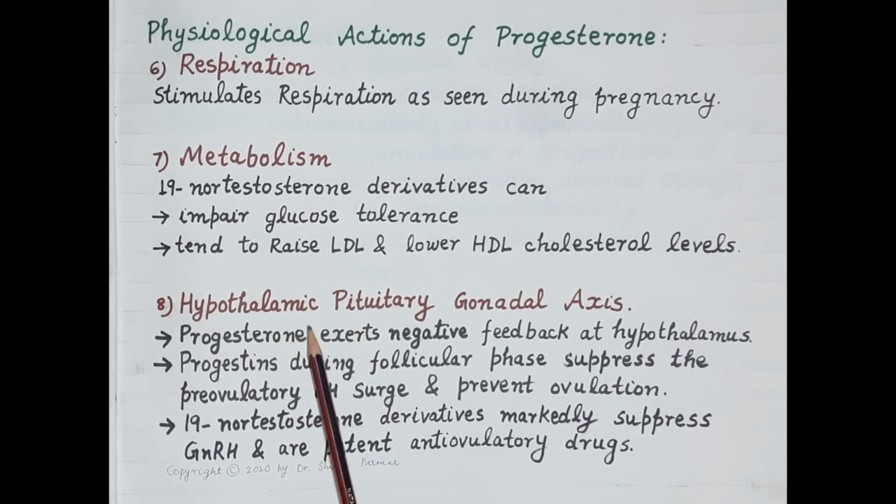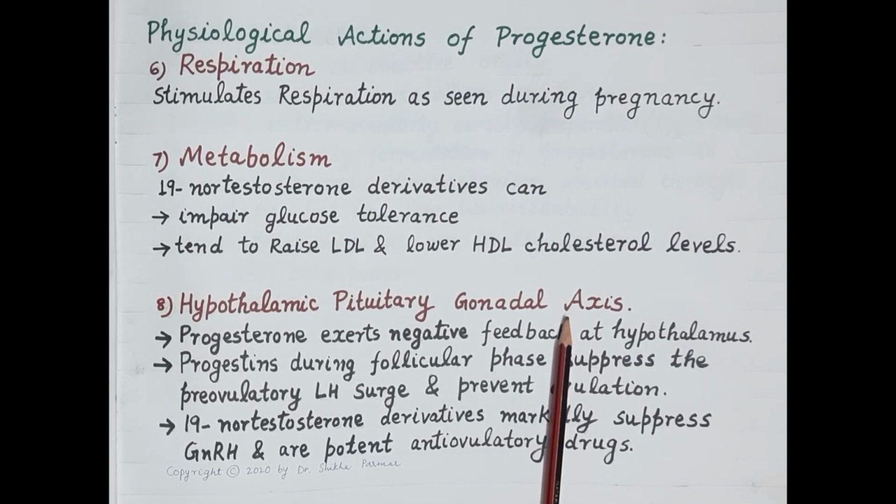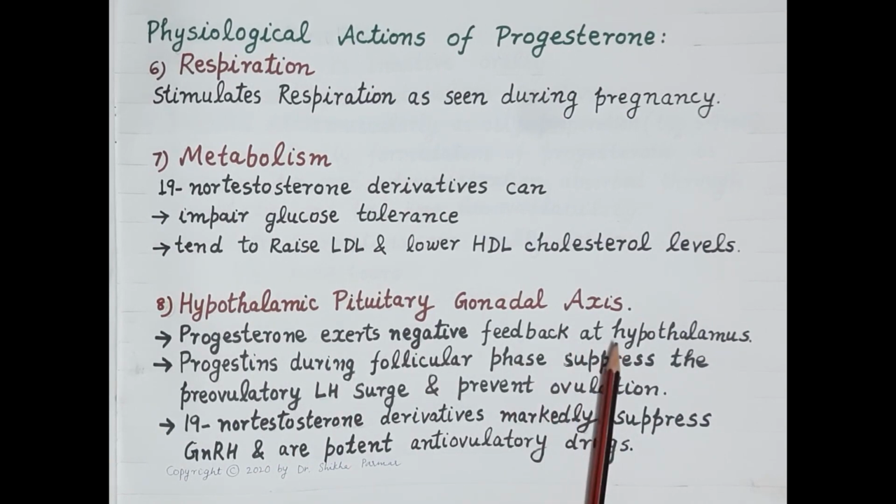Now, progesterone secretion is regulated by the hypothalamic pituitary gonadal axis. Now, as discussed earlier, corpus luteum produces progesterone, and if the egg is not fertilized, then progesterone itself exerts a negative feedback effect at the hypothalamus, and blood levels of progesterone fall.